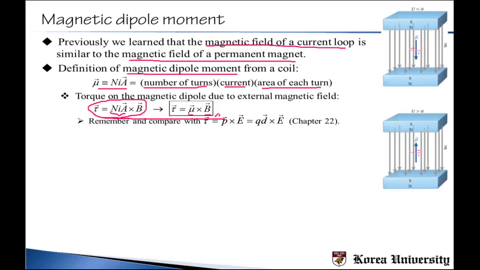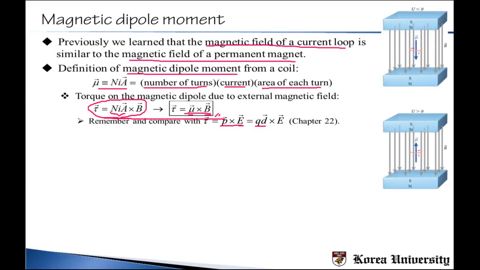If you remember the electric dipole moment from chapter 22, this form of the torque is in fact very similar to the torque of the electric dipole moment, which is P vector, inside the electric field, which is E vector, right? And there, the electric dipole moment was defined as the charge multiplied by the displacement vector between these two poles, which was a D vector.